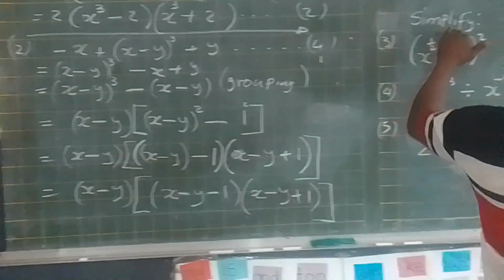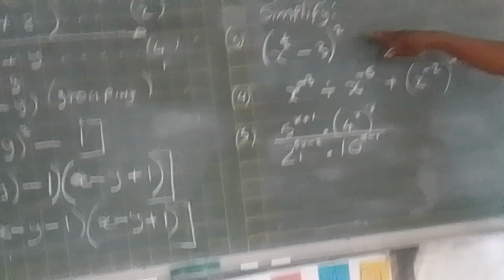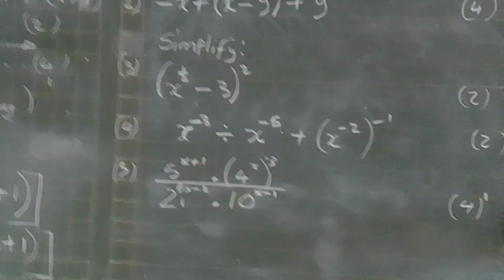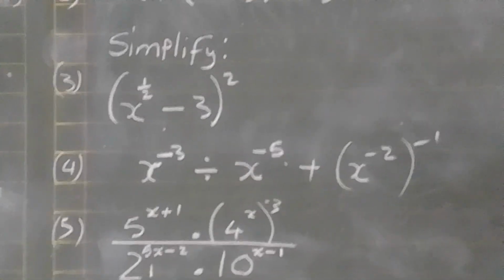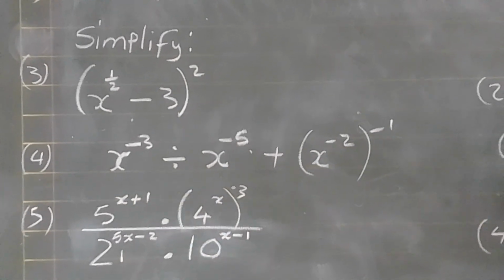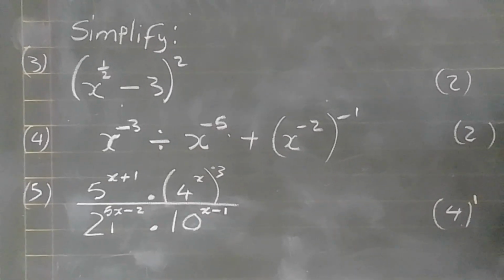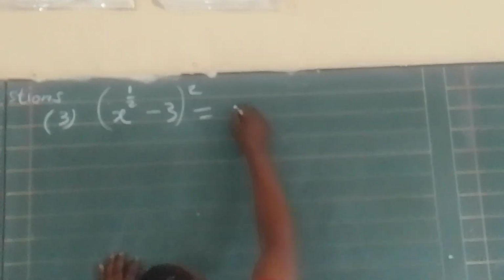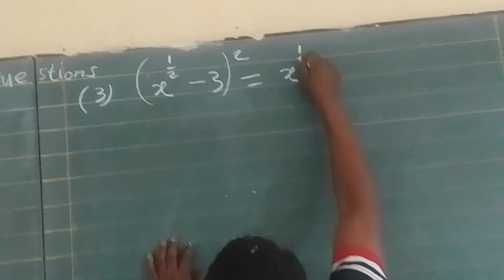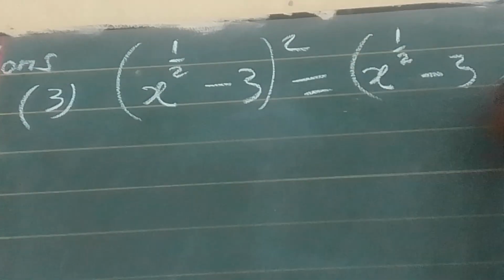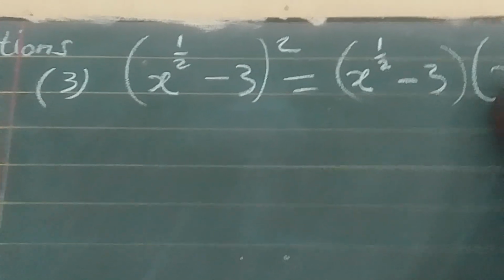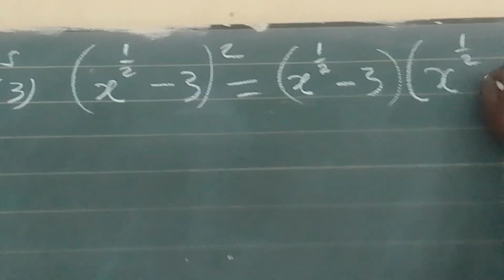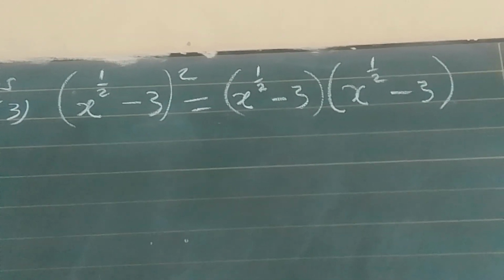Now, we come and grab the third one. The third one starts saying simplify. When you simplify, x to the power half minus 3, squared, is the same as x to the power half minus 3 repeating itself, x to the power half minus 3.